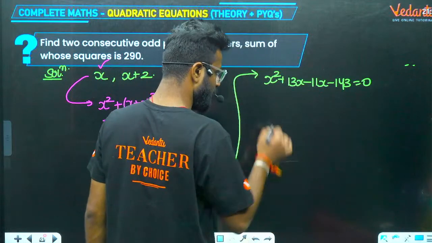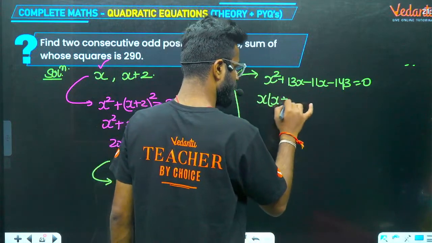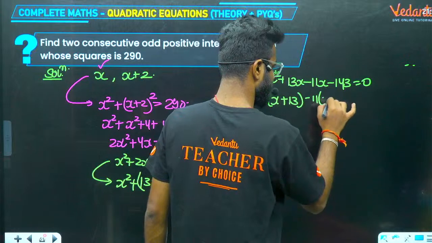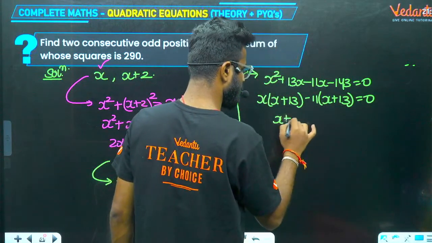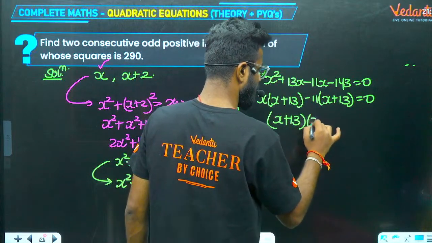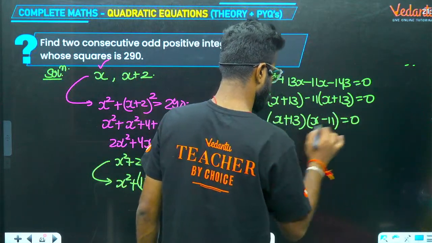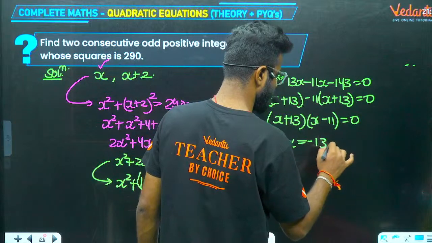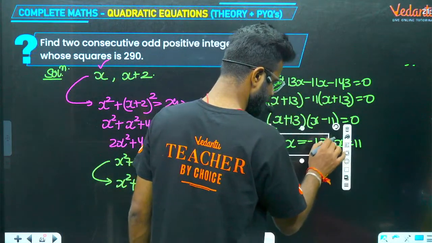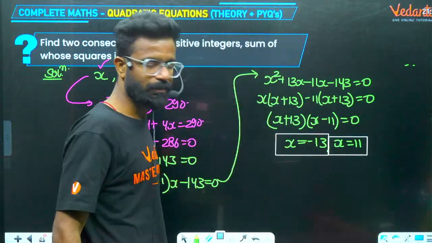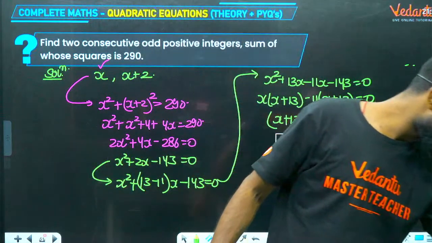Take x common: x plus 13, minus 11 times x plus 13. x plus 13 is common. x minus 11 is equal to 0. x is equal to minus 13 and x is equal to 11. Simple.